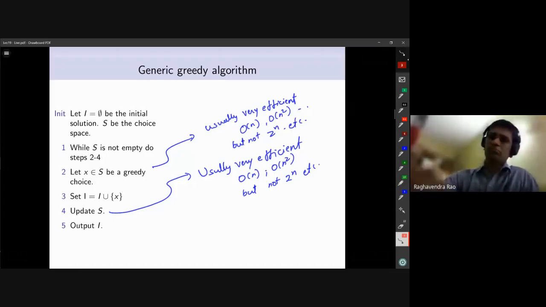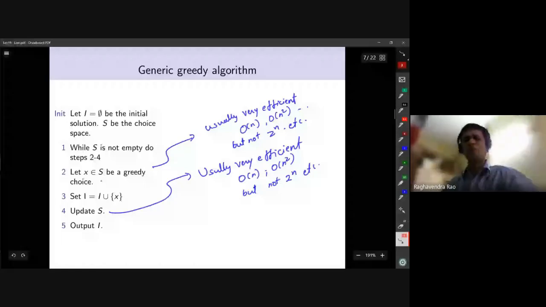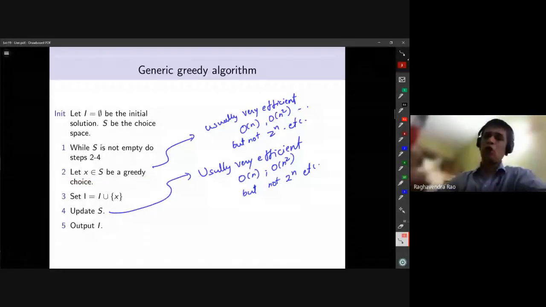If the greedy choice itself is going over all possible solutions and then picking one, that's not going to be efficient. That's not why we want a greedy algorithm. The greedy choice should be very simple, and similarly the update should be very simple, not very difficult.